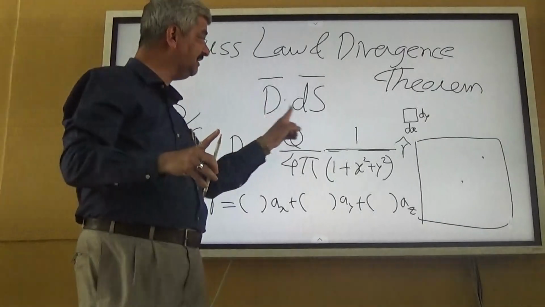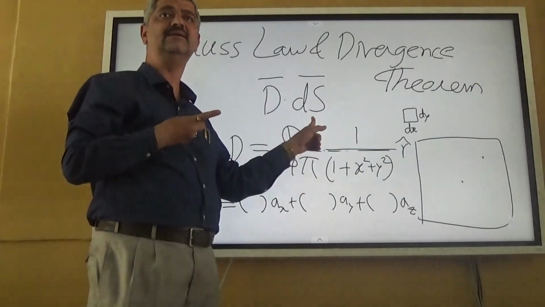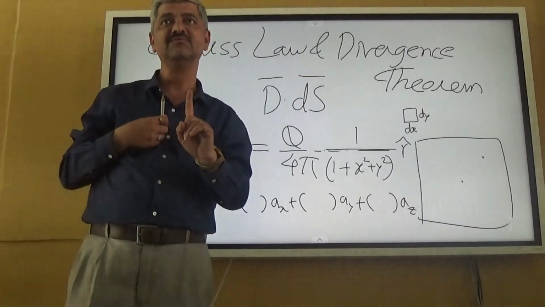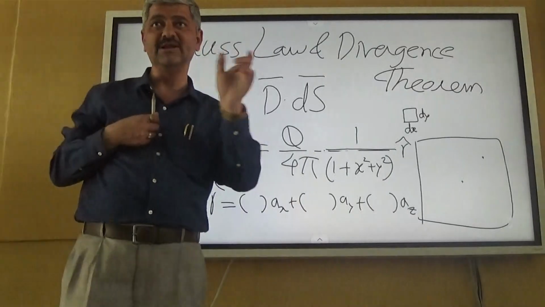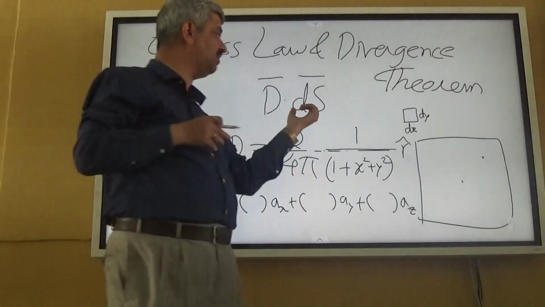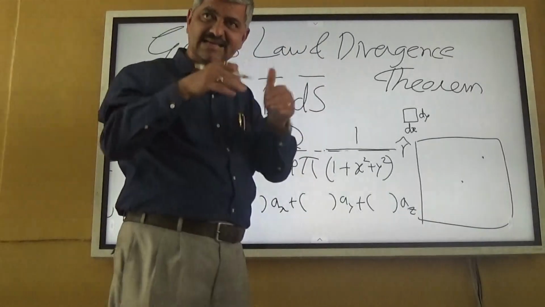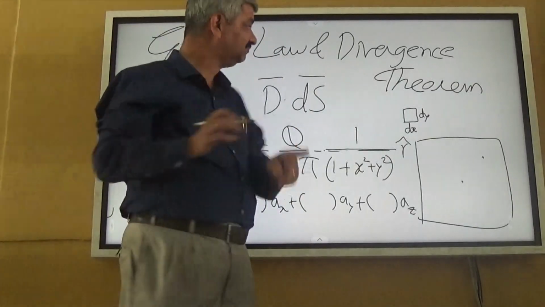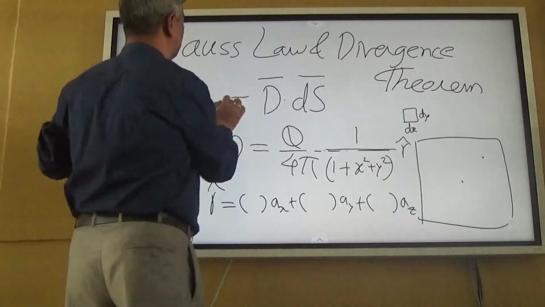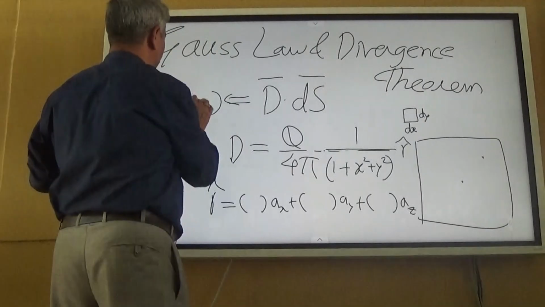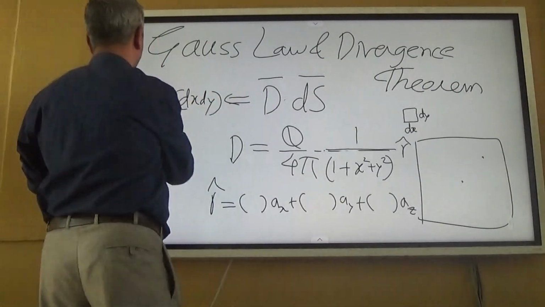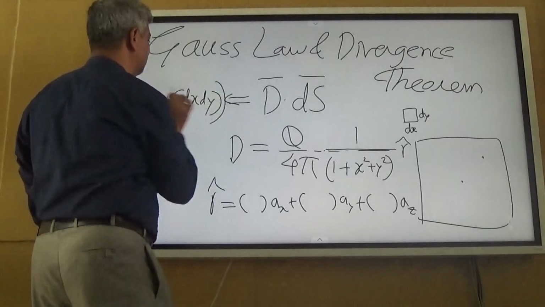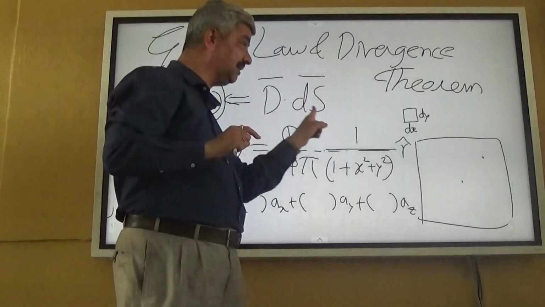Therefore, what will D dot ds be? D dot ds will be the dot product of D and ds. ds is already in z direction. So the z component of ds will be dx dy directly. So D dot ds will be dx dy times the z component of D. D dot this will be a scalar.